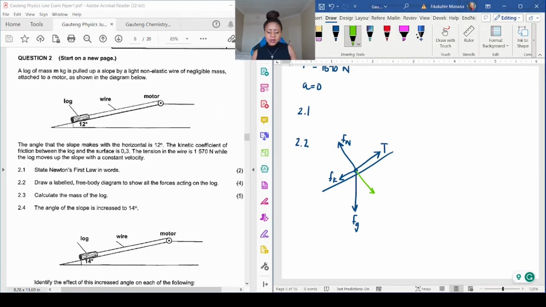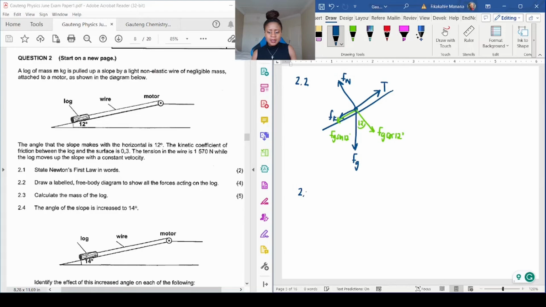So if this is your angle over there, which is 12, you're going to have Fg cos 12 degrees because this is the adjacent side. And then here you're going to have Fg sine 12 degrees, and that's basically going down. But with the original 4 we drew, you should be fine.